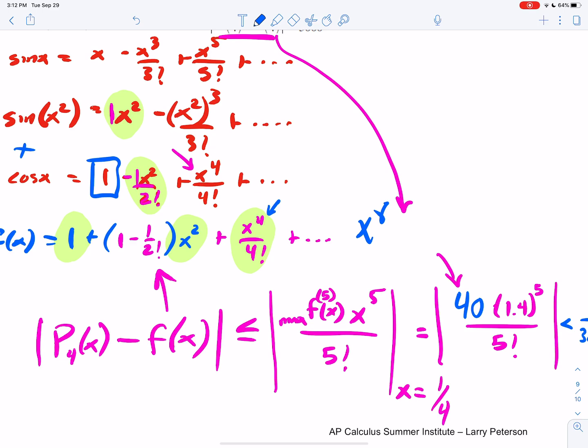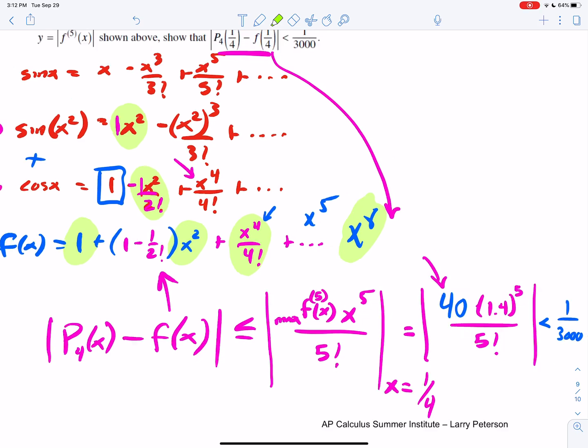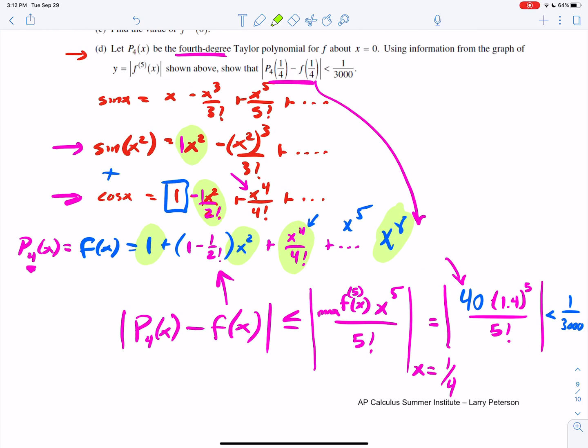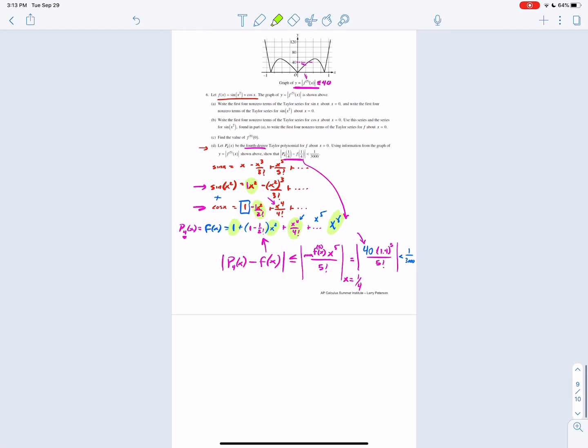So directly right after x to the fourth, we still use something to the fifth power, regardless of the pattern. Now, if this was an alternating series error bound, and you notice it goes by even degrees, then you would use x to the sixth. And that's where it gets tricky. So just keep that in mind. We'll practice as we go, but continue to ask a lot of questions because it's not so transparent at the very beginning. All right? Okay, I'm done talking.